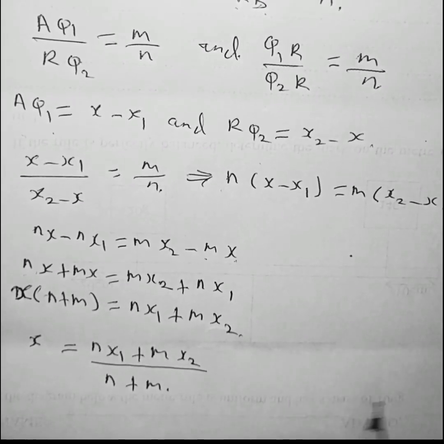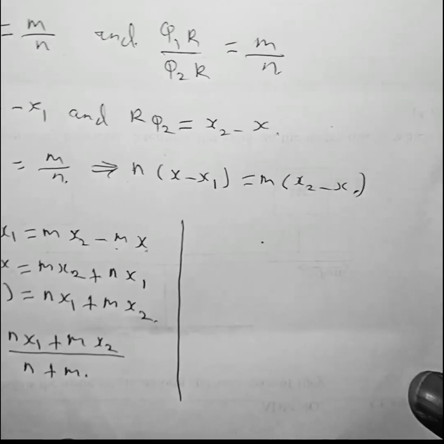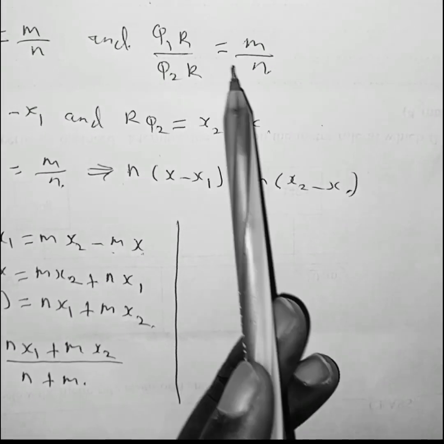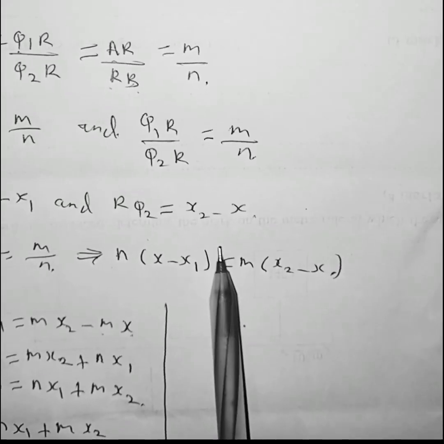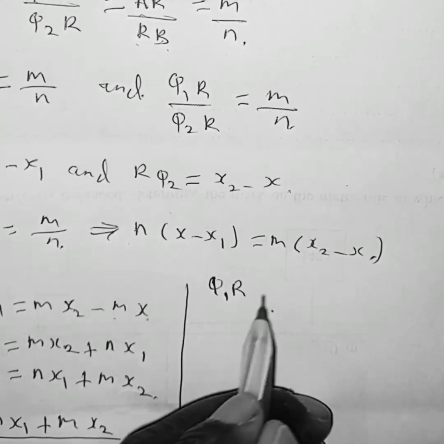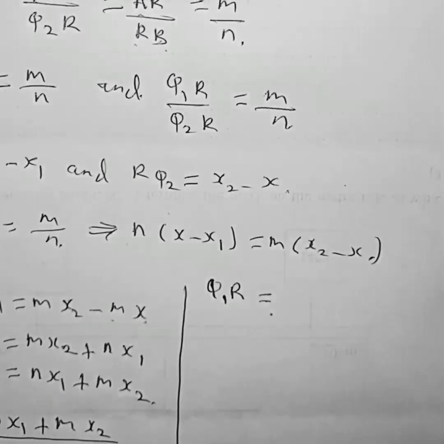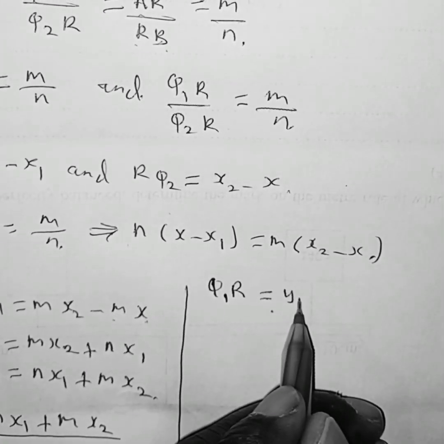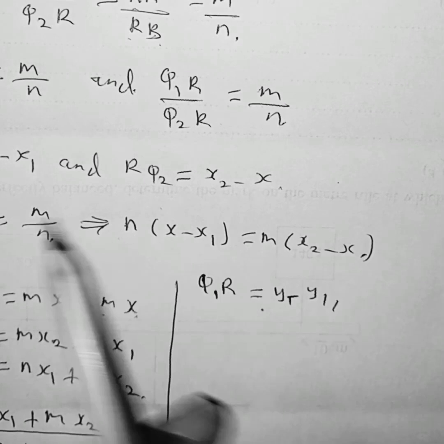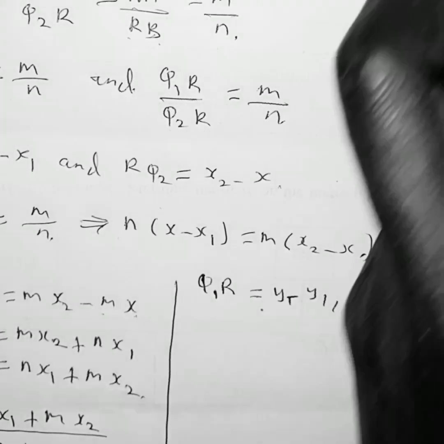Similarly, we compare now. We come back to this equation, Q1R and Q2R. So you note that Q1R, this distance here, will be given by y minus y1, and Q2R will be given by y2 minus y.